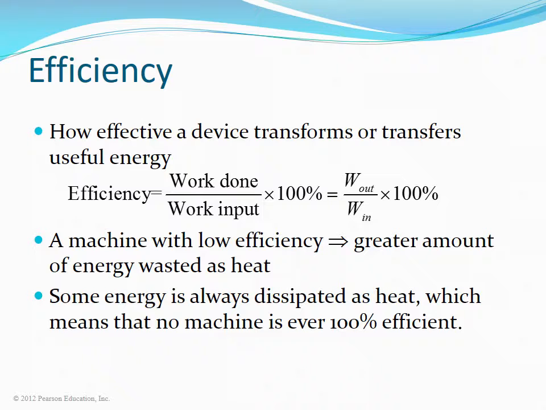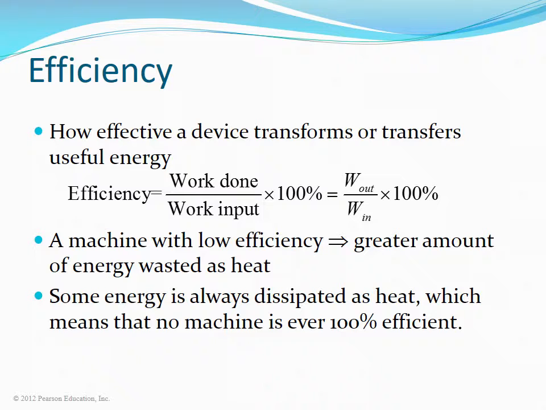Efficiency is how effectively a device transforms or transfers useful energy. It is defined as the work done, or the work output, divided by the work input, written as a percentage. A machine with low efficiency means that a greater amount of energy is wasted as heat.